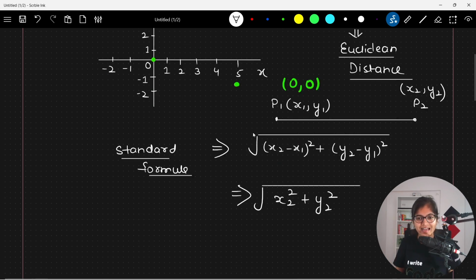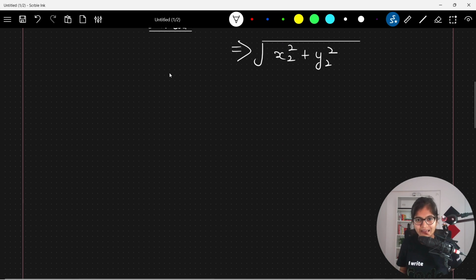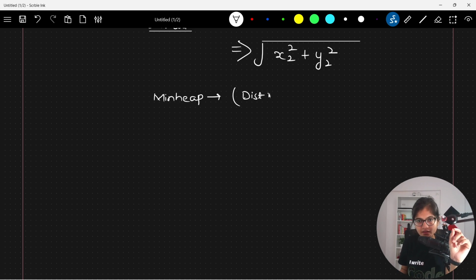So what I can do is create one Minheap which basically contains two things. One is the distance of each and every point from the origin, followed by its corresponding point. Why am I storing the corresponding points?